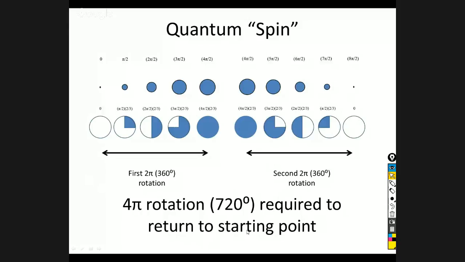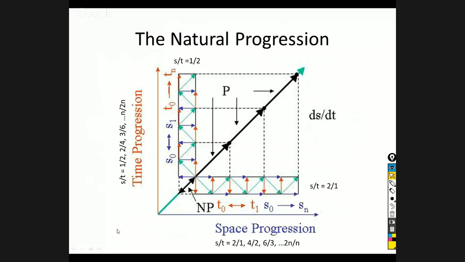Voila, quantum spin explained so easily. Well, you can see that now in our natural progression, where we have 2 units of space, let's say space and time oscillation.